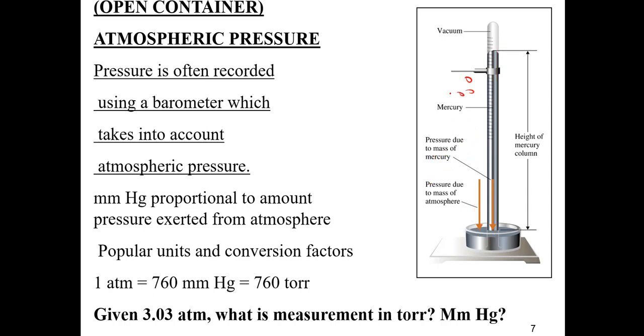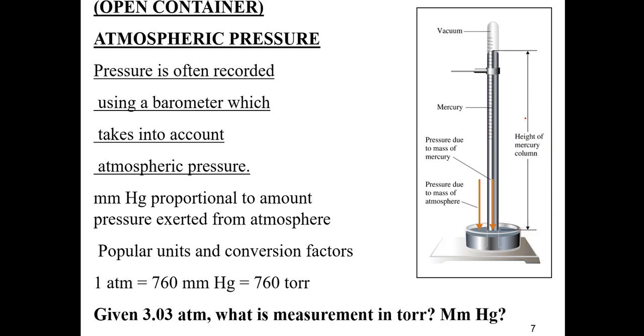Now, the more particles that are present, the more pressure applied, and the higher the liquid rises. The fewer particles that are present, the less pressure pushing down, and the lower the liquid rises. The amount of pressure pushing down is determined by the height of the liquid mercury going up.